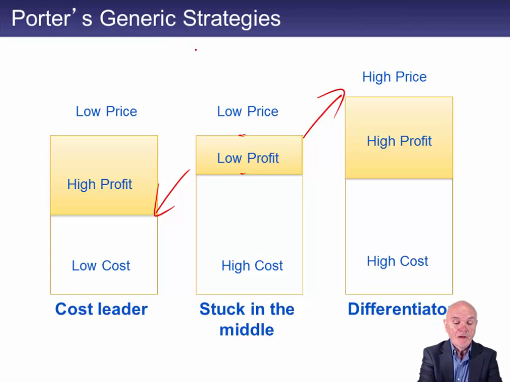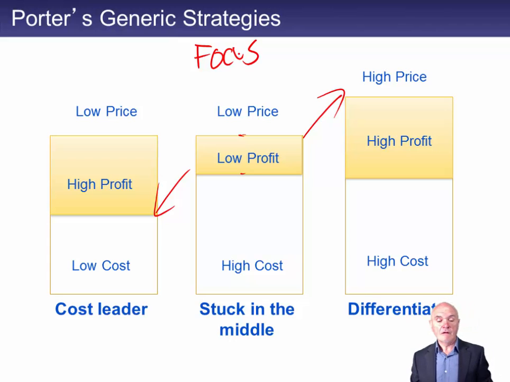Strictly, there's another decision that has to be made, which is a focus strategy. A focus strategy means that instead of supplying lots of products, lots of segments, you're going to focus or specialize in a small segment and just serve that. Maybe you're a small company and haven't got the resources to serve the whole market.